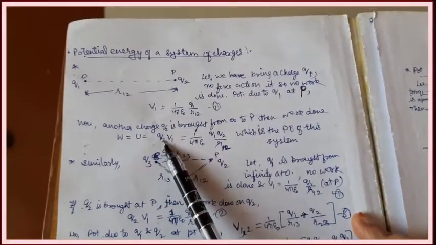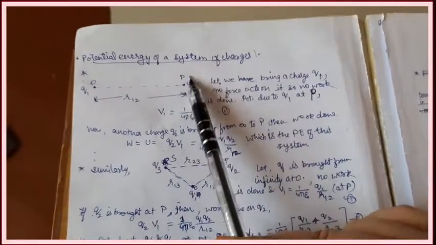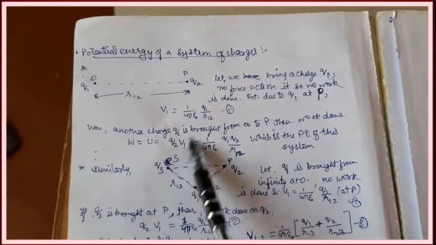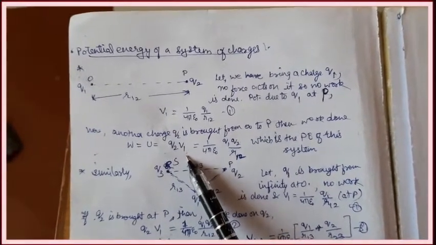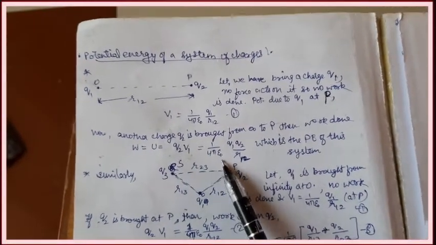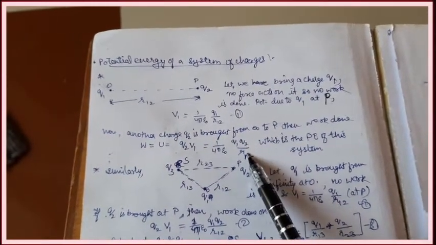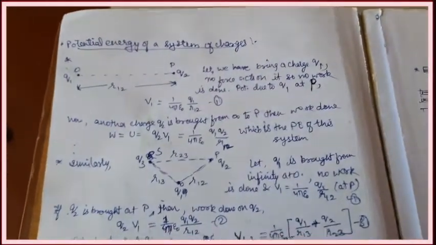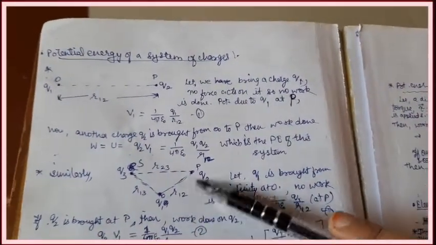We know that potential energy or work done is given by q into V. The charge under consideration is q2 and it is being brought in the presence of potential V1 due to q1. So the potential energy is q2 into V1. When we substitute the value of V1 from the first equation, we get the potential energy of the system of two charges q1 and q2.